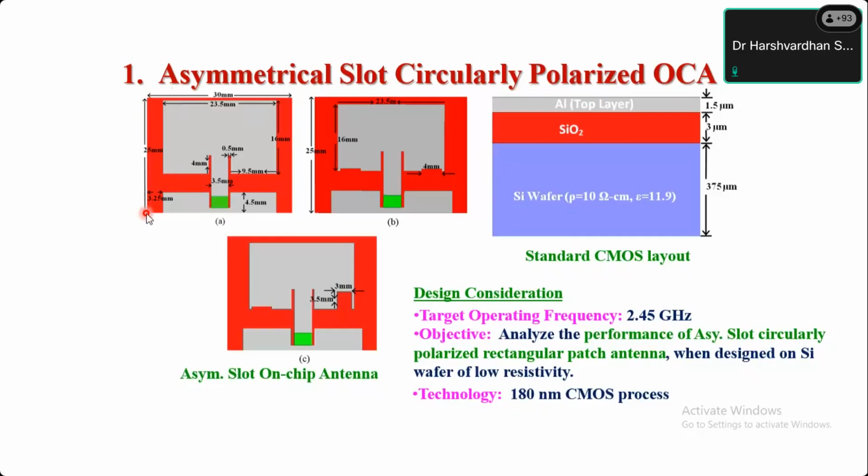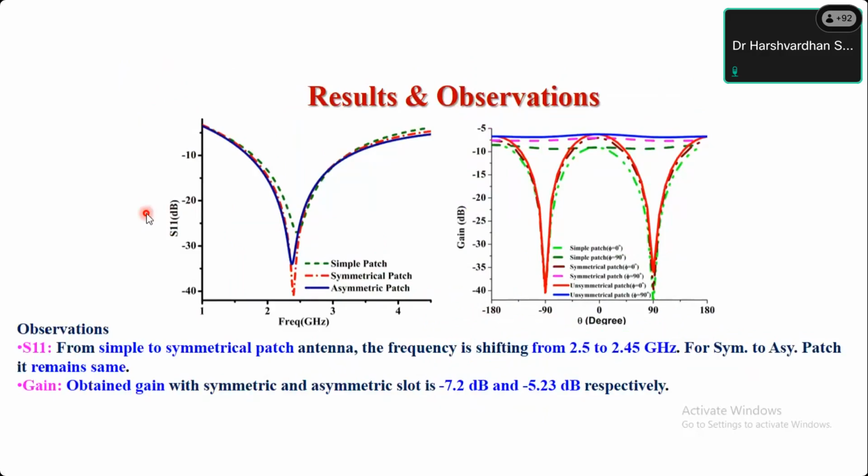As I told, that is generally the patch size calculation for 2.45 GHz. So we have not reduced the size, and still we are getting minus 10. If you design a normal patch of that size on FR4, you will get a minimum of 5 to 6 dB. But here you can see directly minus 10, minus 5.